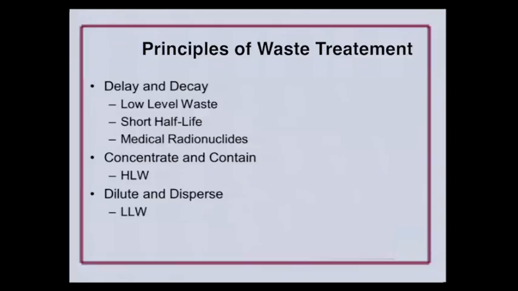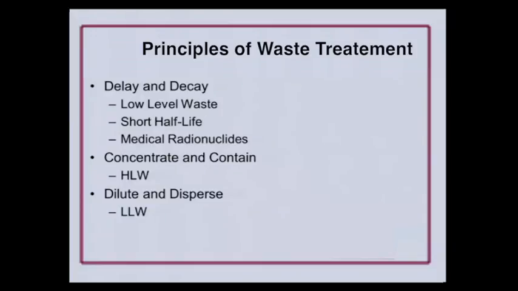Delay and decay is used a whole lot on low-level waste, usually on short-lived isotopes, and for all intents and purposes, that really is talking about medical radionuclides. I'll talk a little bit more about it here in a second, but it doesn't really work real good for low-level rad waste in a power plant or even at a DOE facility.